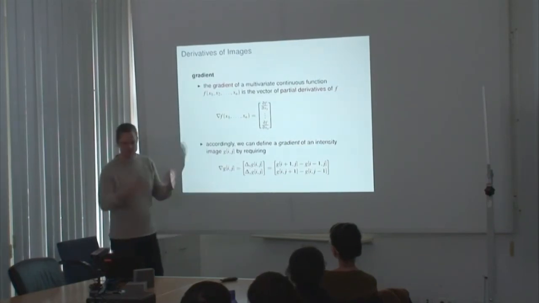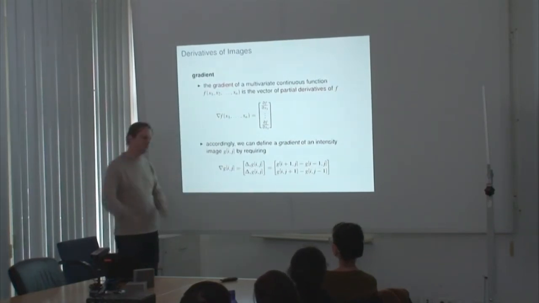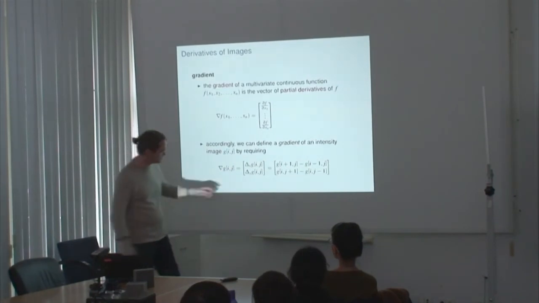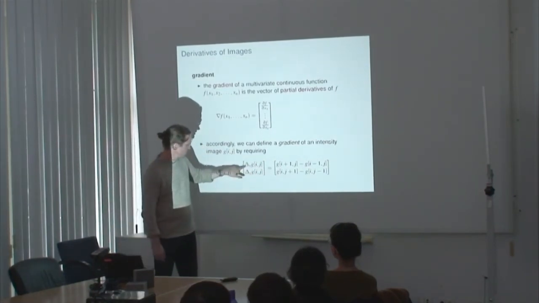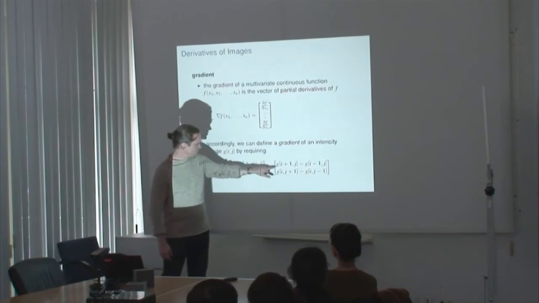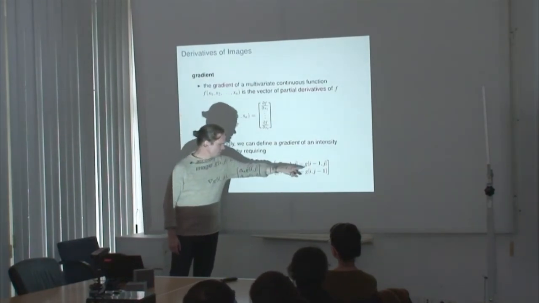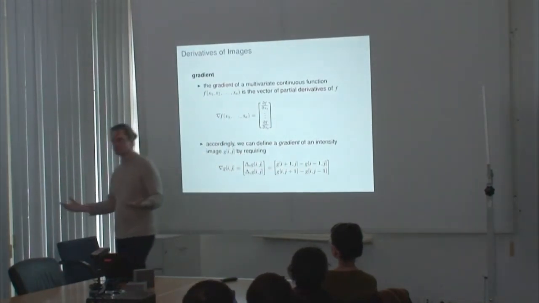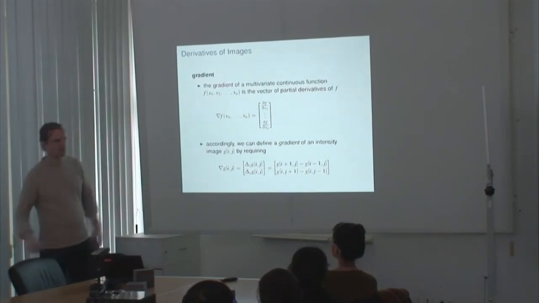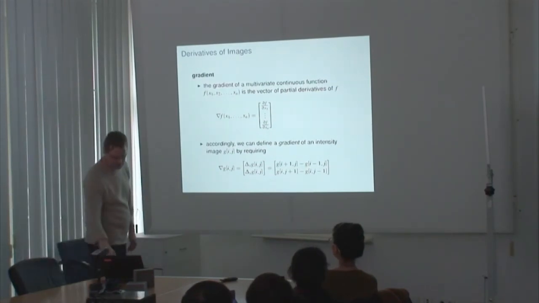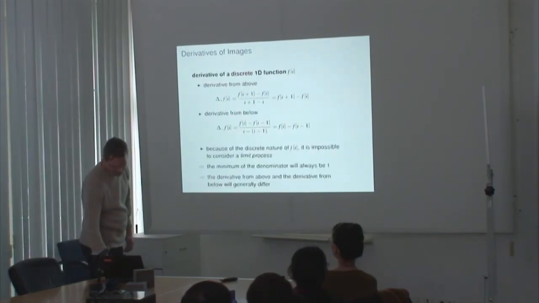So given what we said is the derivative of a discrete function, we just plug it in here. This derivative with respect to i is g of i plus 1, comma j, minus g of i minus 1, comma j. Straightforward application of what we just defined here.